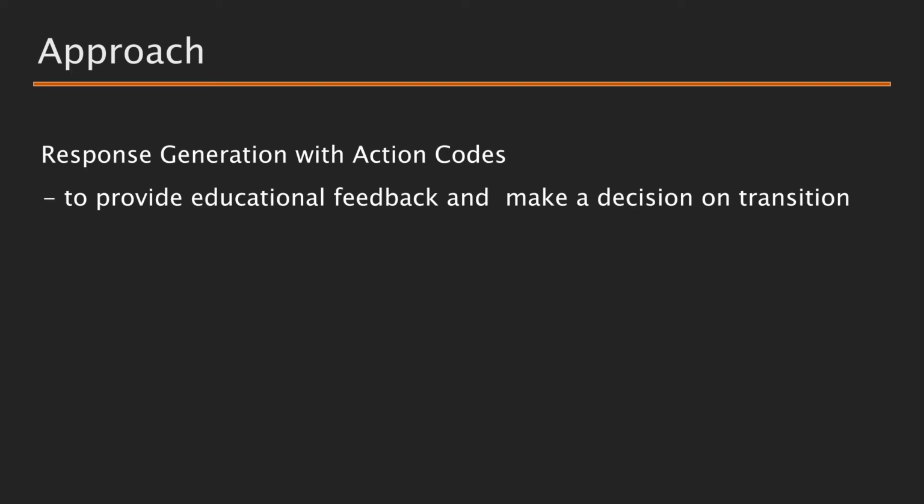To enable the tutoring bot to provide the student with educational feedback and make a decision on transition, our model is designed to generate special tokens as action codes which come before the response. First, our model generates confirmation, correction, or others, which we call dialogue action code, as a positive, negative, or neutral feedback on student response.